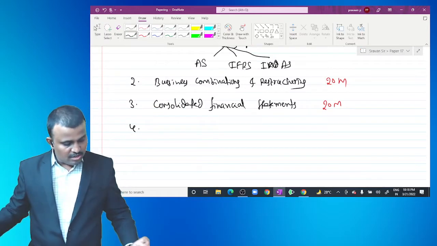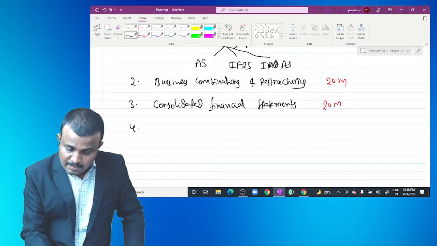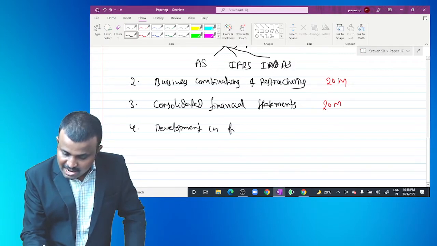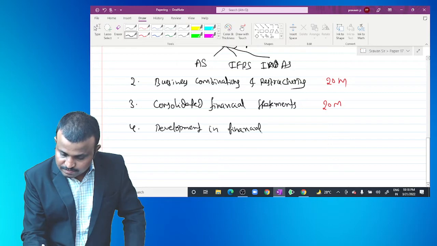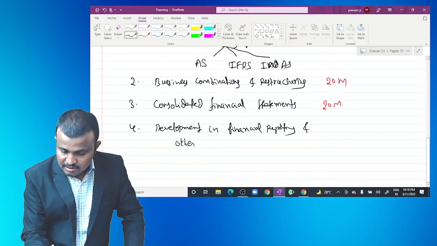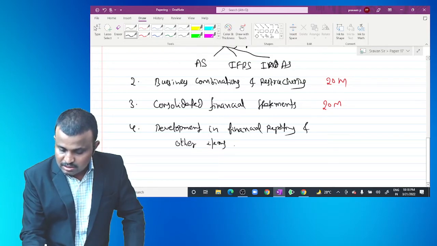Then coming to the fourth part, developments in financial reporting and other items of reporting.